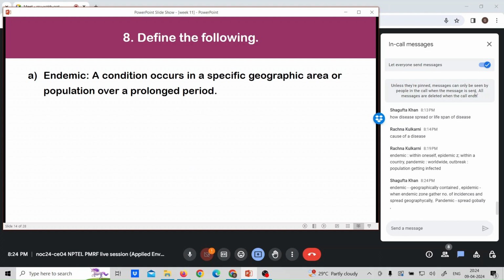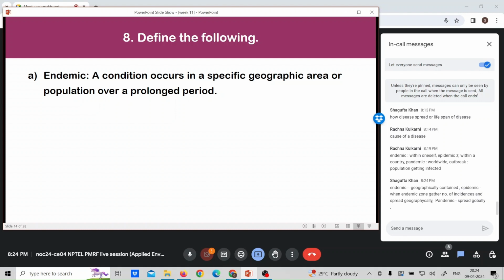So, endemic is a condition that occurs in a specific geographic area or a population over a prolonged period of time. These diseases are common in that geographical location because they occur only in that area and they are prolonged. Any atmospheric condition or environmental condition can favor this.